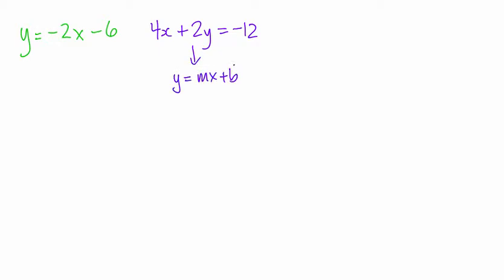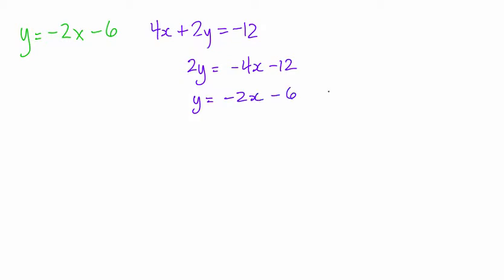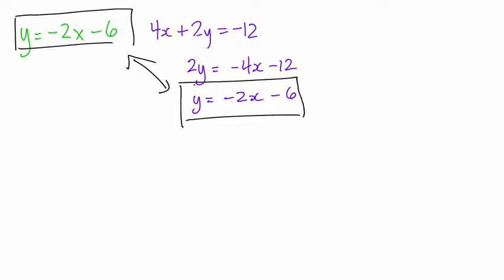So we're basically just solving this one for y. So first thing is to subtract 4x on both sides. And that'll give me negative 4x minus 12, and then divide everything by positive 2. So both terms divide by positive 2, and now you'll notice that these two equations are actually the exact same equation.